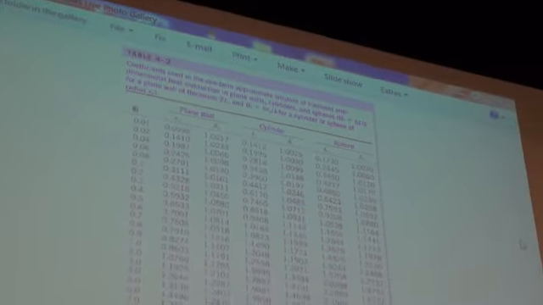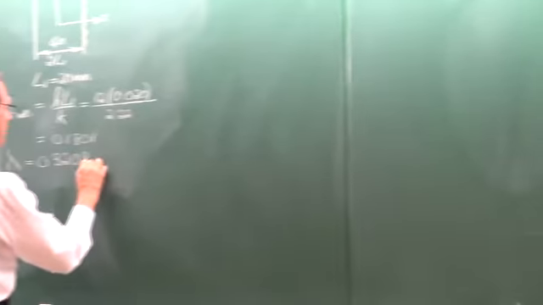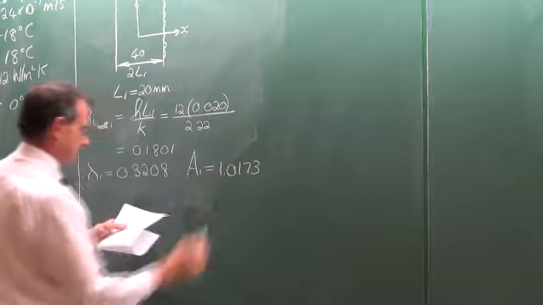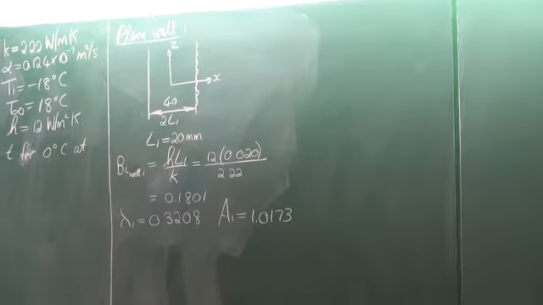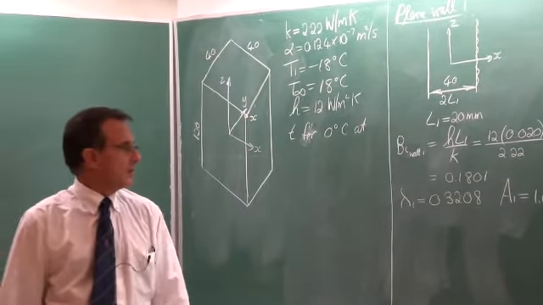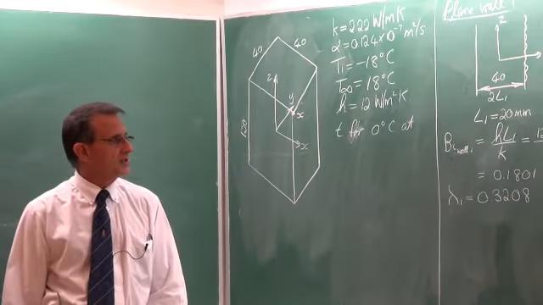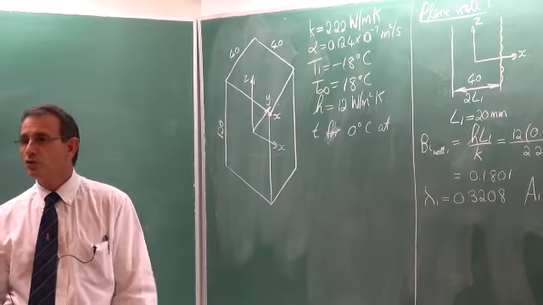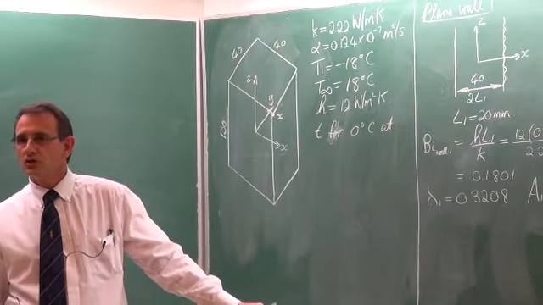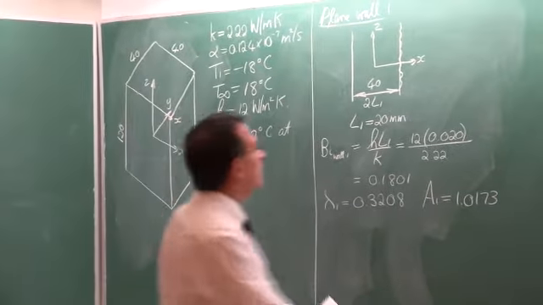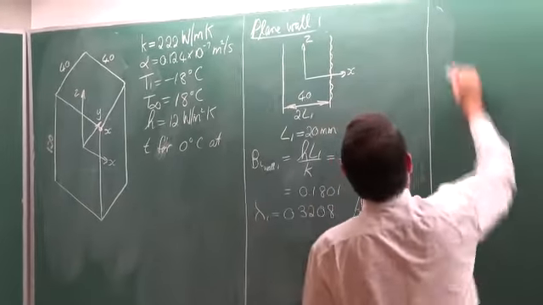Okay, so you should be able to get lambda 1 equal to 0.3208, and A1 equal to 1.0173. Lambda 1 is equal to 0.3208, and A1 is equal to 1.0173. You can also use the Heisler charts. In this case, we're going to use the calculations to solve the problem. Okay, so this is for plane wall 1.